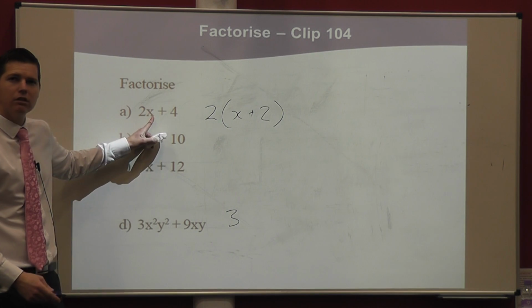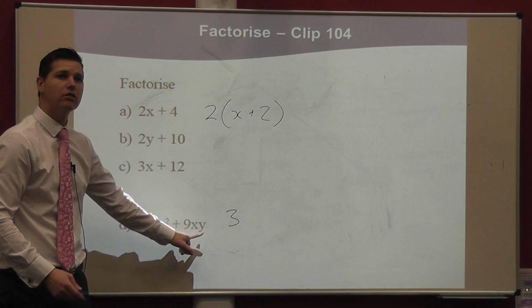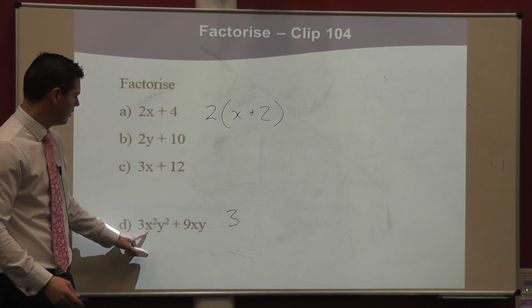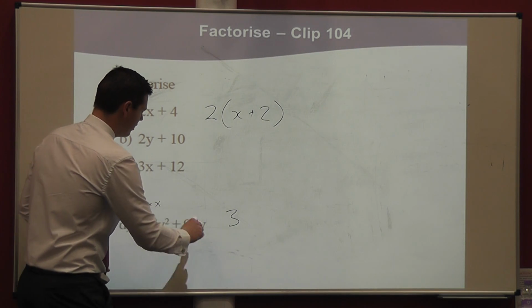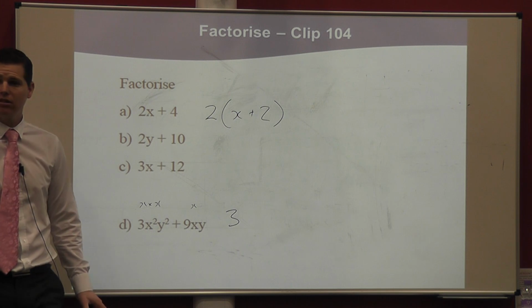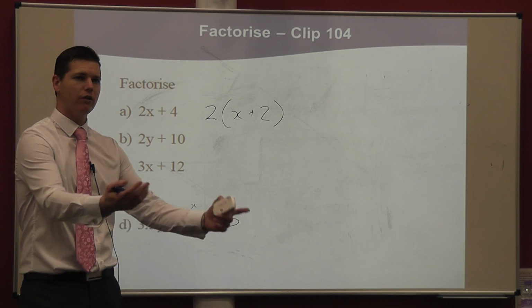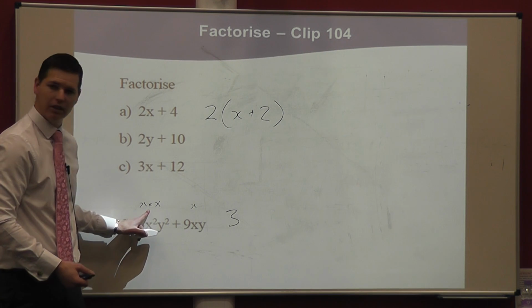Unlike the first one, this one has letter parts in both sides. So can you help me out? x squared is x times x, and there's just an x there. So what's the highest number of x's I could take out of each of those terms? Could I take 2 x's out of here?